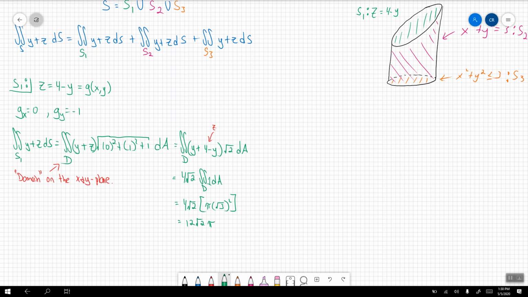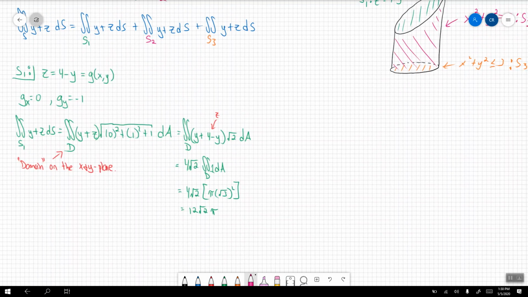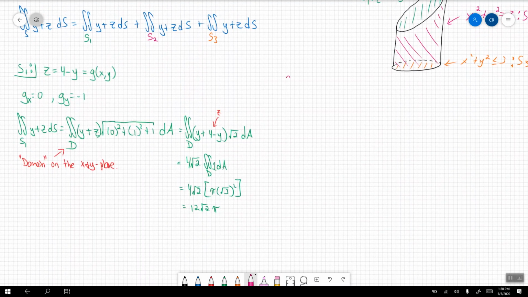We don't want to use x squared plus y squared is equal to 3. Since it's a cylinder, we want to parameterize using the techniques that we know how to use. So for that one, I'm going to use that parameterization technique. Alright, so surface 2. Here we go.